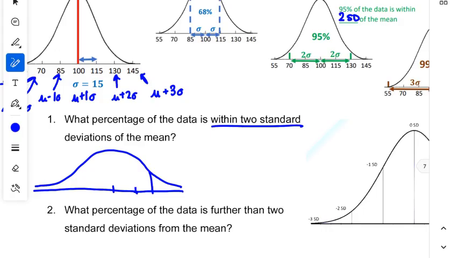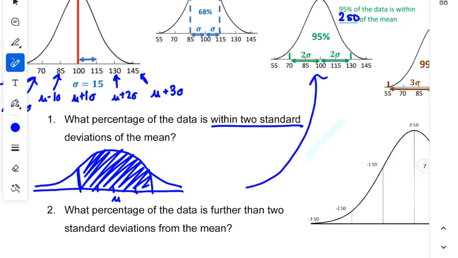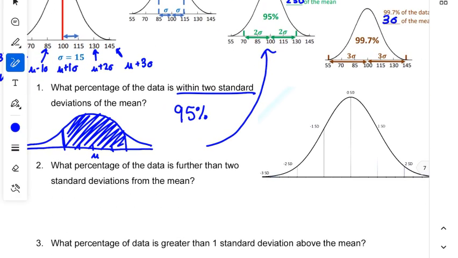Within means this area under the curve. Isn't it just this one? So what percentage of the data? 95% is within 2 standard deviations of the mean.